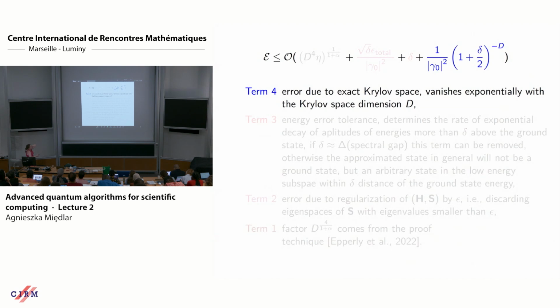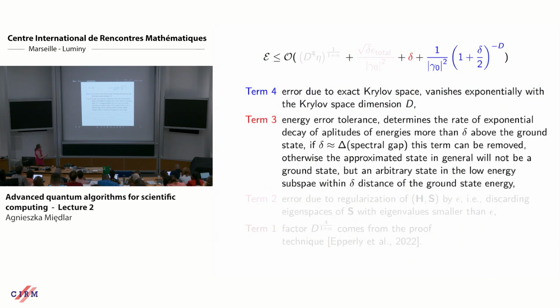It vanishes exponentially with the Krylov space dimension. So that's the classical result that we want to achieve. Since we assume that the space is the same, we want to get this exponential dependence on the convergence rate. The second one is the energy error tolerance, and essentially it has components like what we know about the spectral gap, how close we are to the other eigenvalues, because if we are too close they will start to pollute.